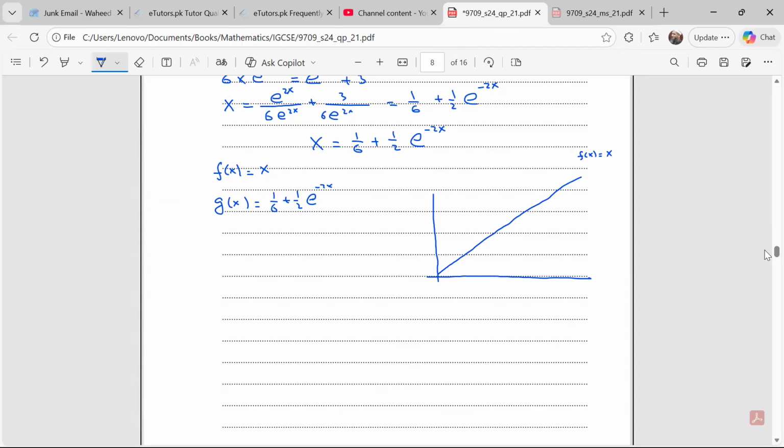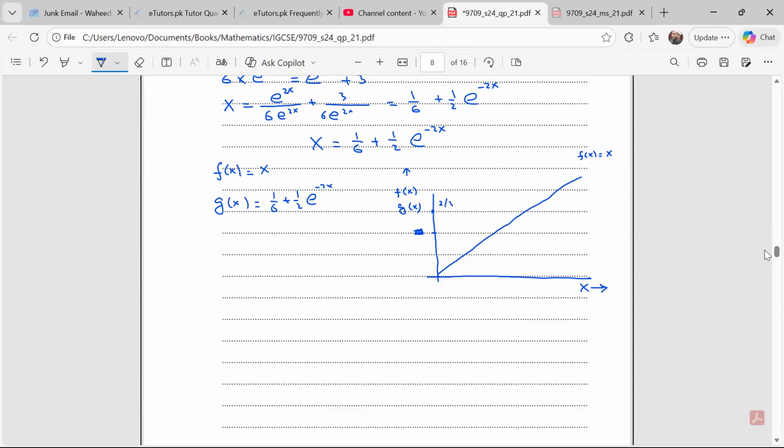Now the second function. Usually x is on this side, and this is f of x and g of x on the y-axis. When x is 0, it is 1 by 2 plus 1 by 6, which is 2 by 3. So let's make this point 2 by 3.